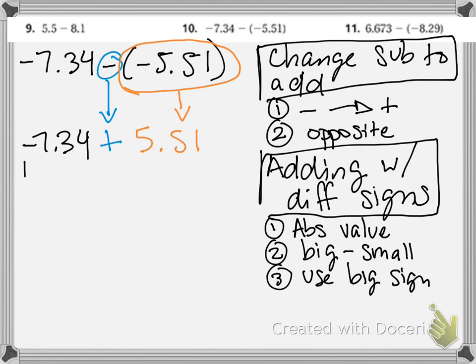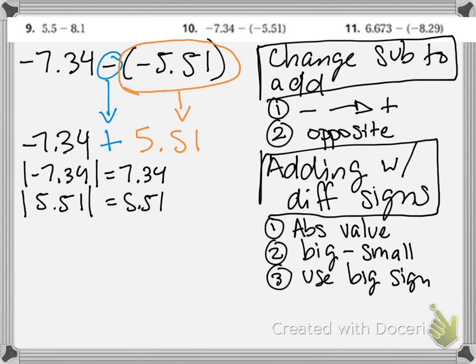So if I take the absolute value of negative 7.34, that gives me positive 7.34. If I take the absolute value of 5.51, that gives me 5.51. And I want to take the bigger and subtract the smaller.